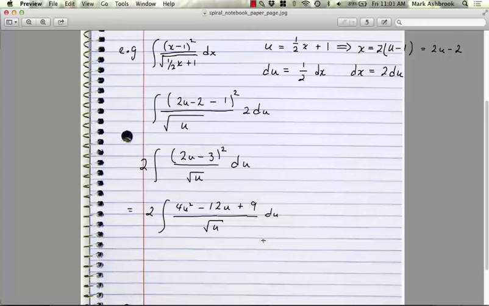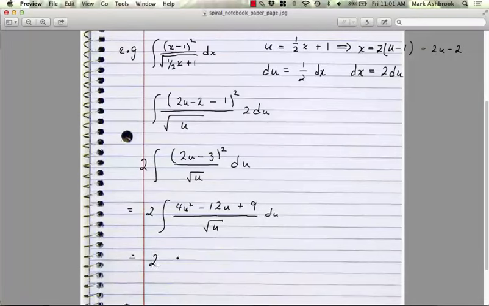Make a substitution? We already substituted. What could you simplify? Split it up into 3 fractions, right? And then these will each simplify. See it?